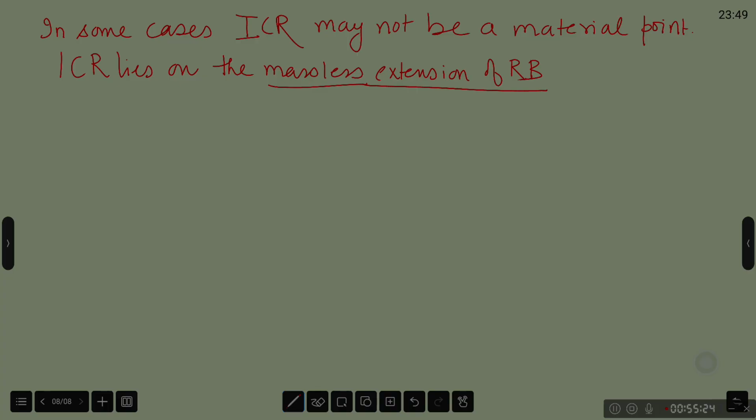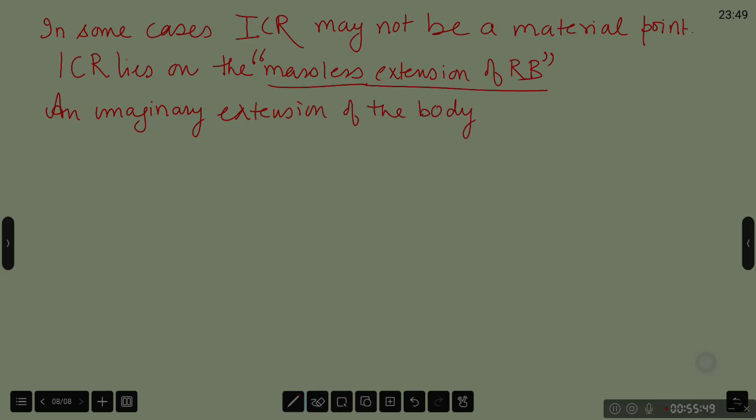Massless extension, this particular phrase, is an imaginary extension of the body. There lies no mass.